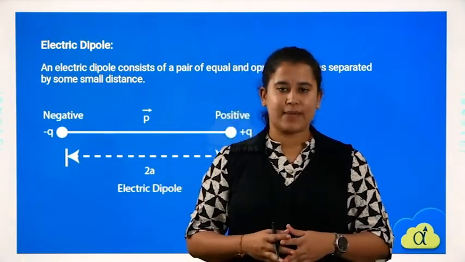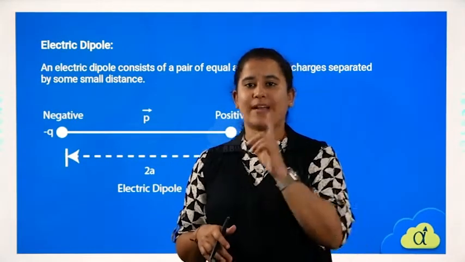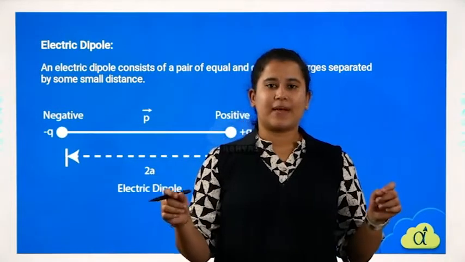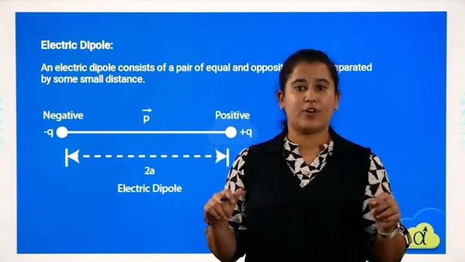So what is an electric dipole? An electric dipole consists of a pair of two equal and opposite charges which are separated by a certain distance. That distance, we call the dipole length.